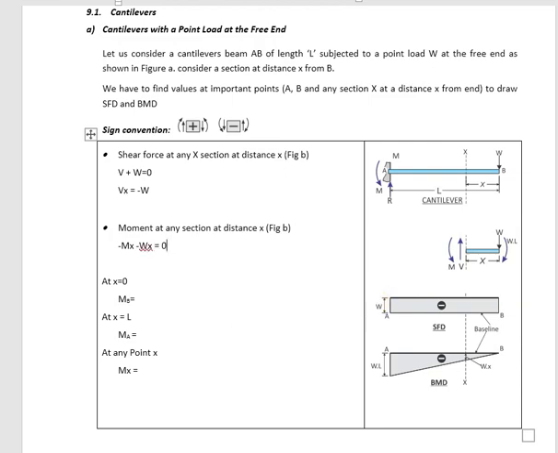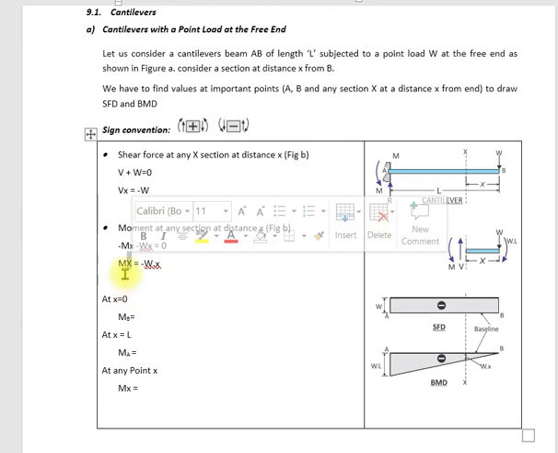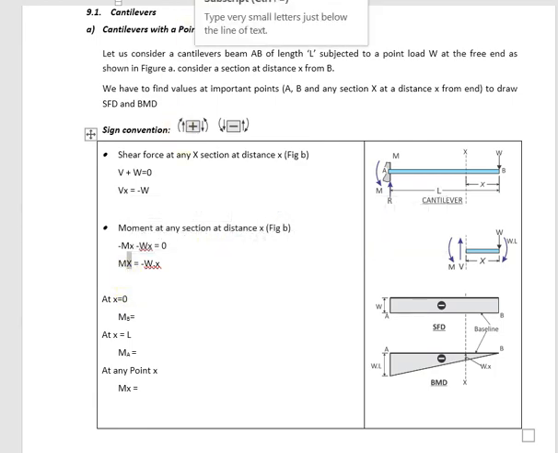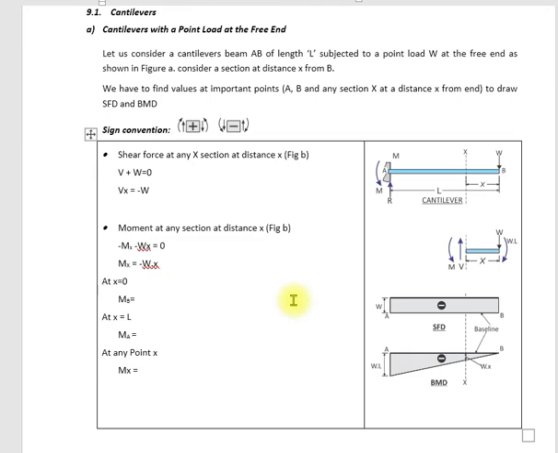Sum of all the moments should be 0. So Mx equal to minus W into x. This is basically a subscript, so we don't confuse it with the multiplication into distance x. So bending moment at any section x will be minus Wx.